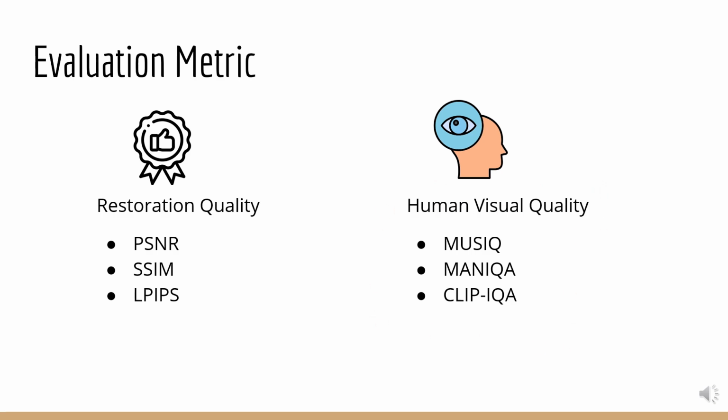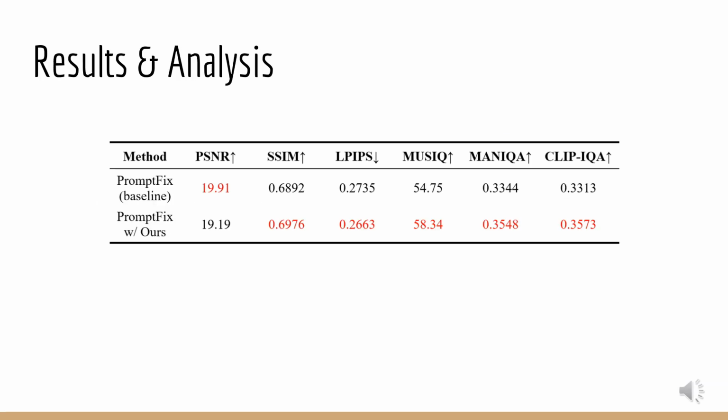Together, these metrics offer a comprehensive evaluation of both objective fidelity and subjective quality, ensuring a well-rounded assessment of restoration performance. Our results achieved better scores across most metrics compared to the original PromptFix model. Notably, there were significant improvements in metrics related to human visual perception.